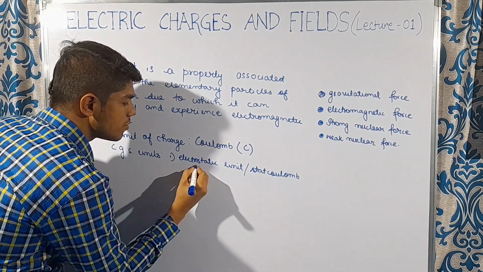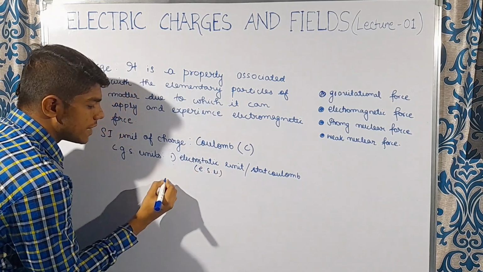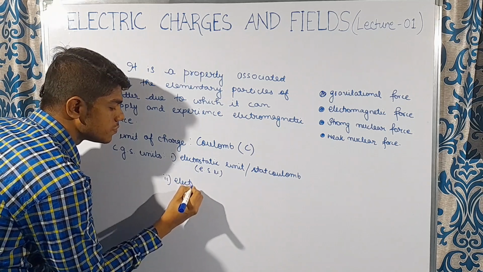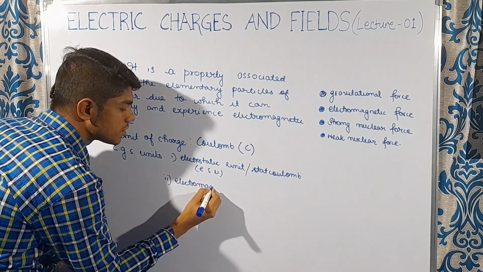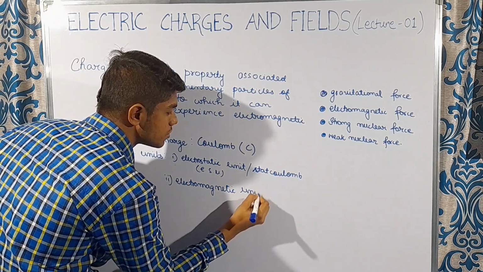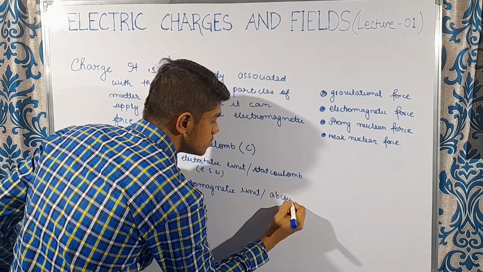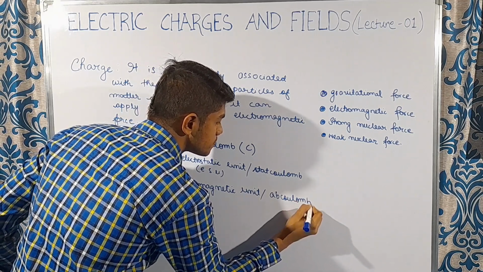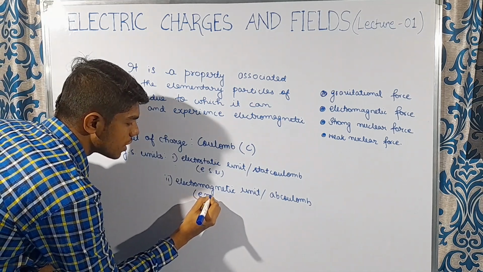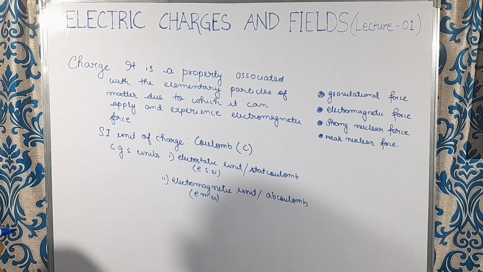so electrostatic unit in short form can be written as E.S.U, and the other one is known as electromagnetic unit of charge, or amp coulomb. In short it can be written as E.M.U, electromagnetic unit.